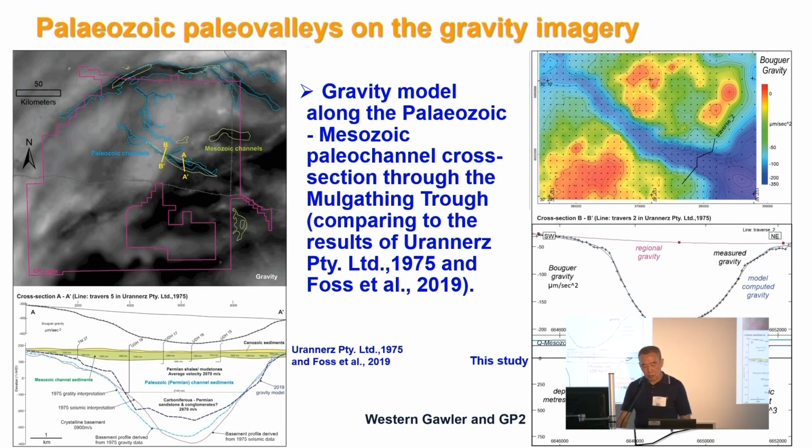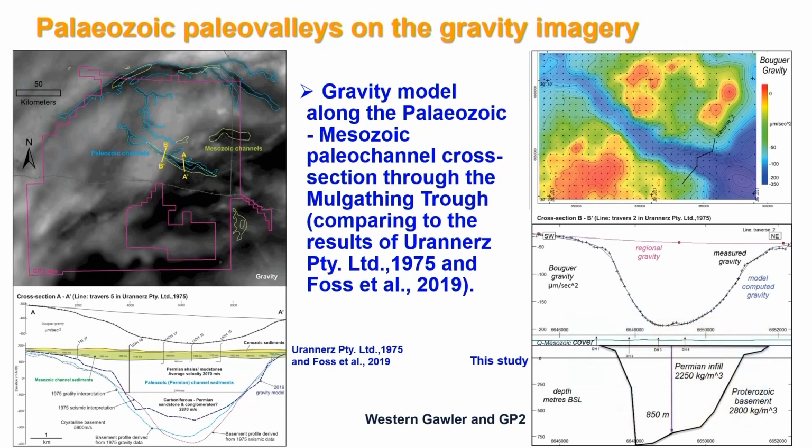This is a cross-section we are using for the new gravity model. On this side we have two sections here. On this side we are using the old interpretation from Krieg and also from 1975. And this part is from this study, working out this paleochannel modeling.